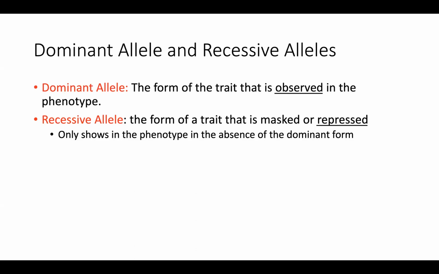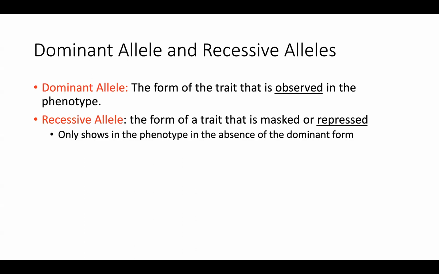So we saw the pair of alleles earlier for eye color, where individual A had a blue allele and a brown allele. And we predicted that that individual would have brown eyes because the allele for brown eyes was dominant in that pair, right? So the dominant allele is the form of the trait that is going to be observed in the phenotype. This is what we would physically see.